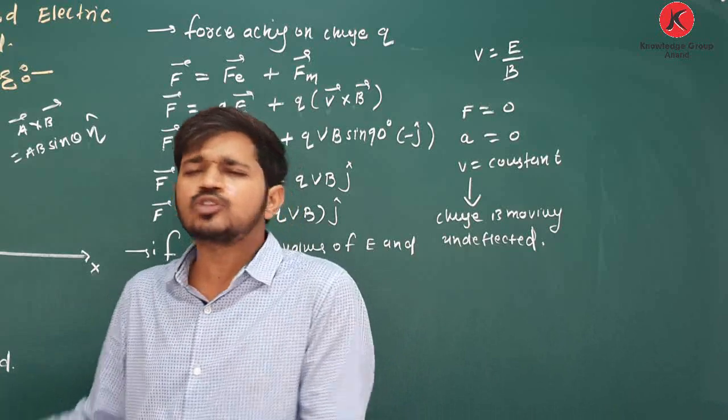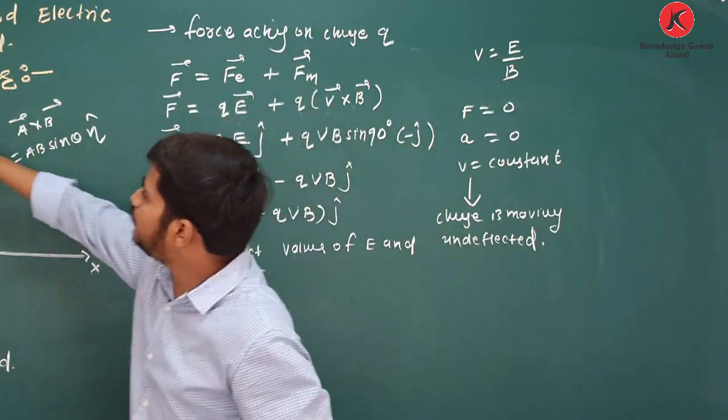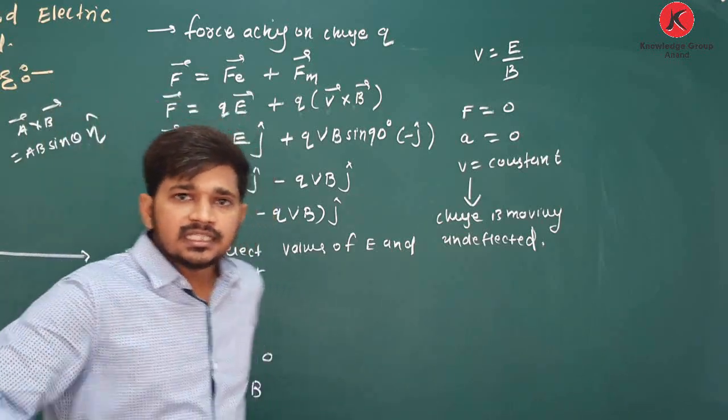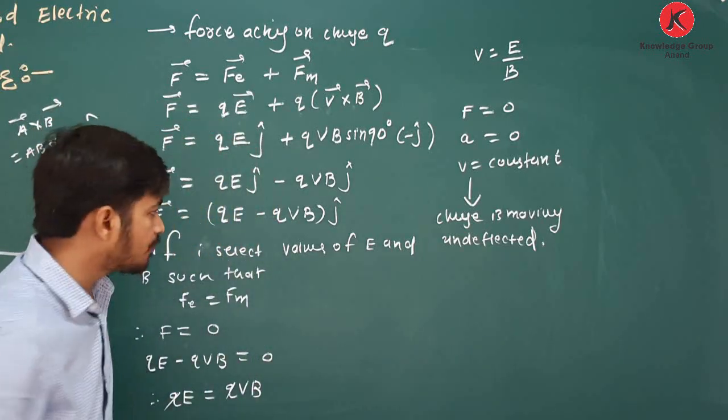So what is use of this theory? Why it is named velocity selector? See here, understand.